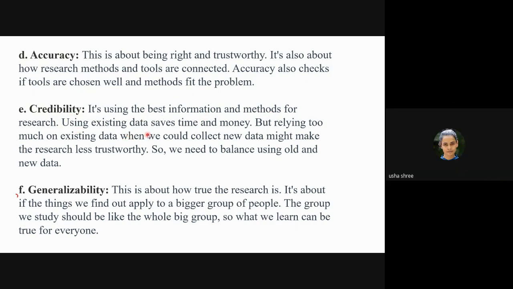For example, picking a particular instrument over another: there might be a number of instruments used for measuring anxiety, but the one that suits the study on hand, the problem that we are trying to solve, if we choose that particular instrument, then the result of the research becomes more credible. Can we understand it that way?